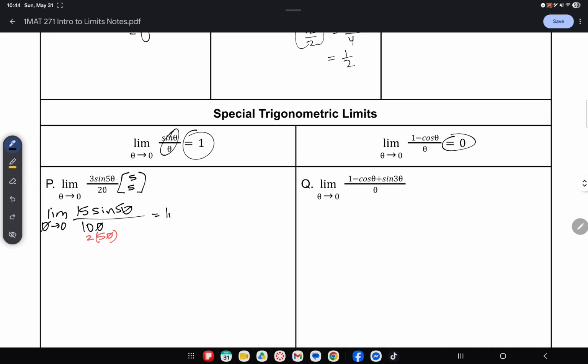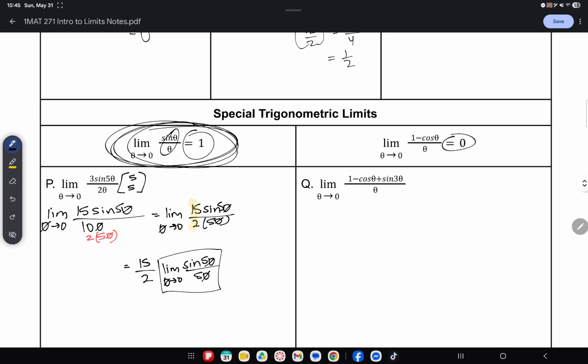So then the limit as theta goes to 0 for 15 sine of 5 theta over 2 times 5 theta. This 15 over 2 is a multiplier, so pull it out, right? So 15 over 2 times the limit as theta goes to 0 for sine of 5 theta over 5 theta. This entire thing here, 5 theta over 5 theta, matches this. So that's just 1. So 15 over 2 times 1 is just 15 over 2.